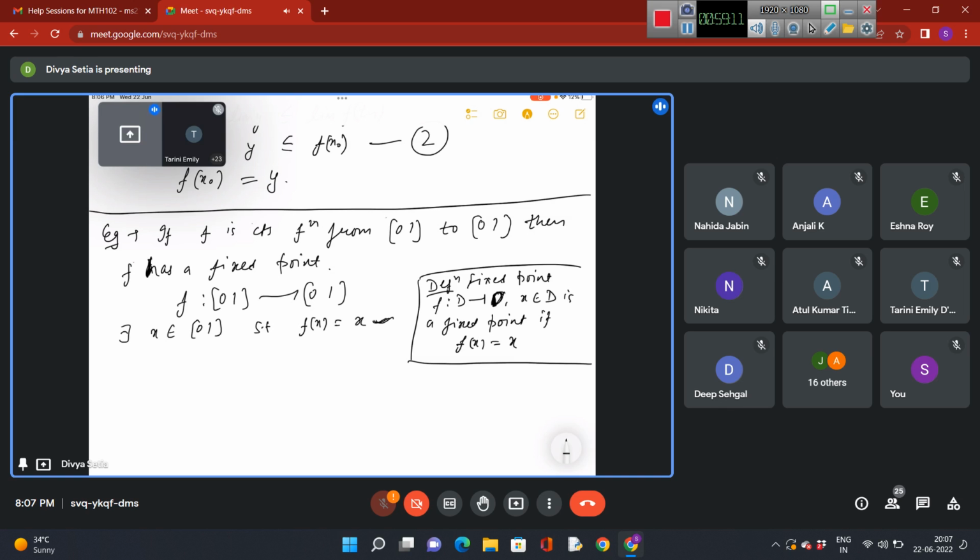Can someone think of a proof by using the intermediate value theorem? Just small manipulation is required. How can I prove that there exists some point such that f of x is x?